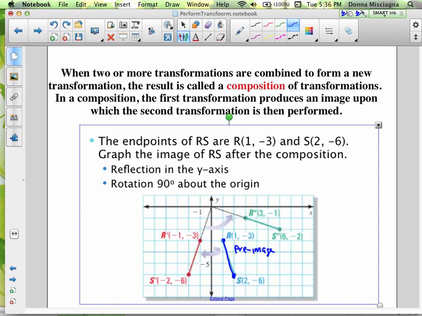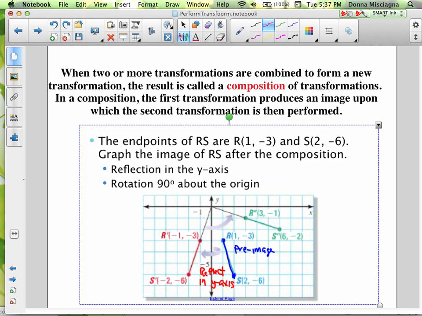The first part of our composition is a reflection in the y-axis. So I'm going to write that over here: reflect in the y-axis. Reflect in and over the y-axis are the same thing; I'll just put reflect in y-axis because it takes fewer letters to write.